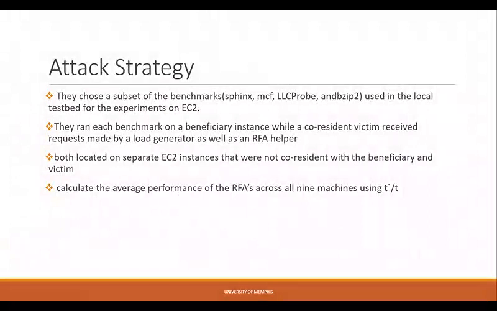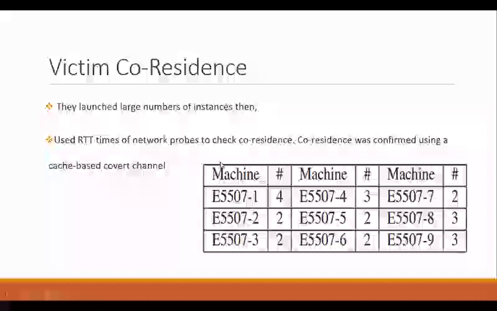So the attack strategy is the same as before. They run those benchmarks on the physical machine. So for example, here, say this machine has 2 instance cores. They run on one of them. One of them will represent the beneficiary, and the other will represent the victim.